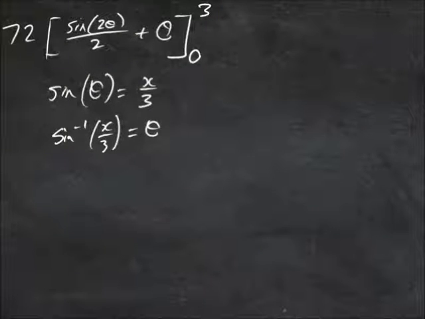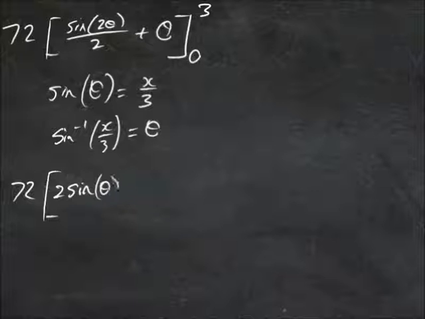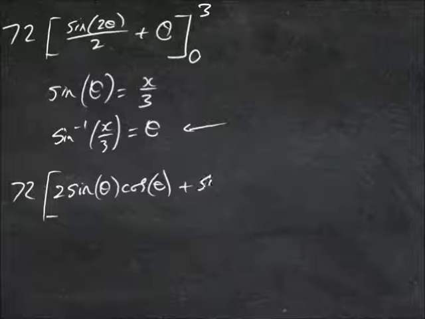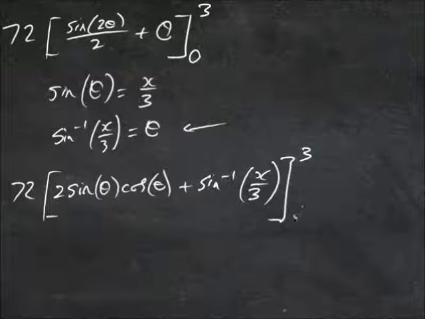Get some more space, but we know these are for the x and not the theta, so you can't just sub them in. So we'll have 72. This can be rewritten as 2 sine theta cos theta plus our theta value, which is here, and this is equal to sine inverse x on 3, from 0 to 3.